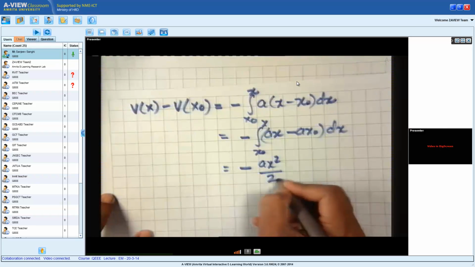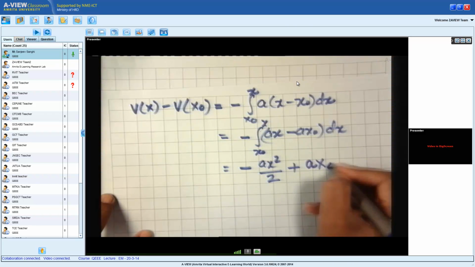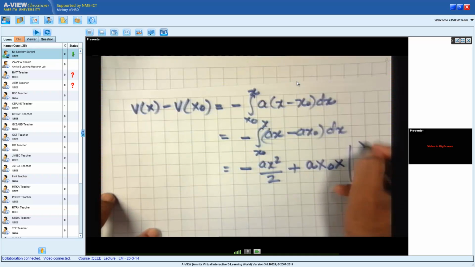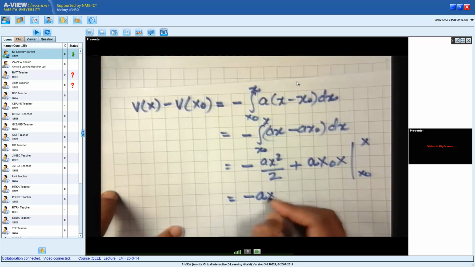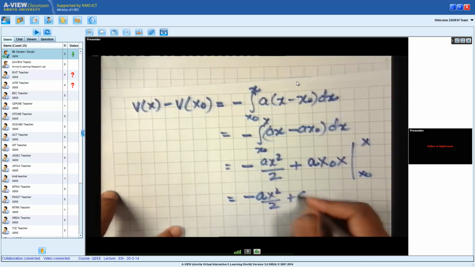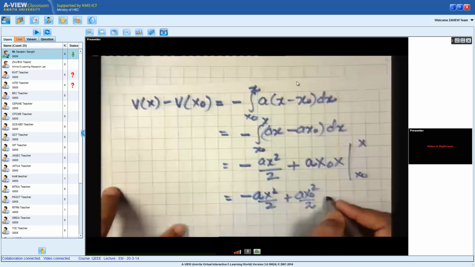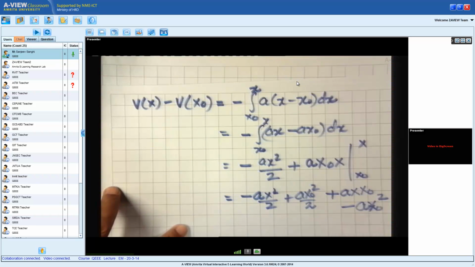So this becomes equal to minus of a times x square by 2 plus a times x0 times x with limit going from x0 to x. So it becomes minus a times x square by 2 plus a times x0 square by 2. Then we will get plus a times x0 minus a times x0 square and so on.